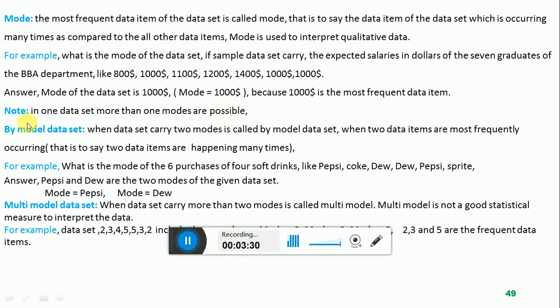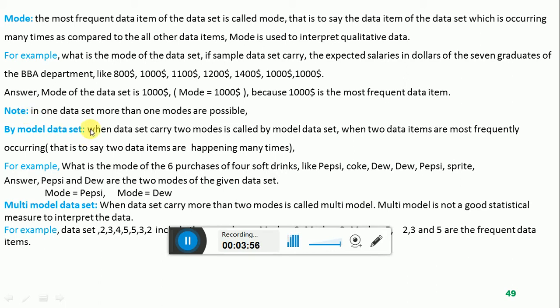Like for example, a bimodal data set. A bimodal data set is that particular data set which carries 2 modes. In this particular data set, 2 data items are happening most frequently. 2 data items are occurring many times as compared to all other data items in the given data set.